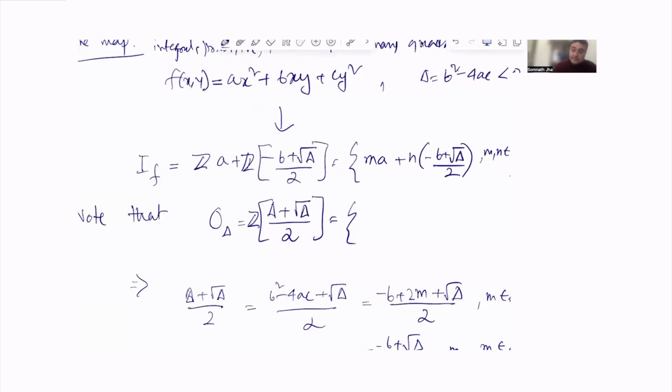Note that in this case, as I said, O_Δ is Z[(Δ+√Δ)/2], because we have Δ as a fundamental discriminant.